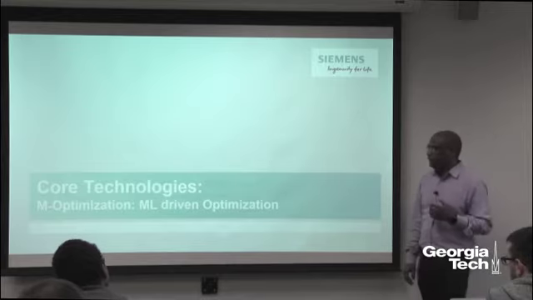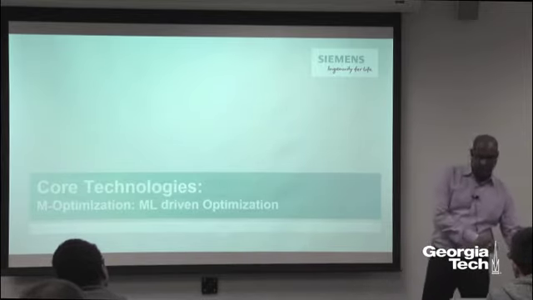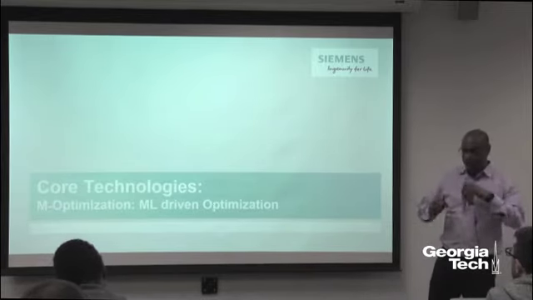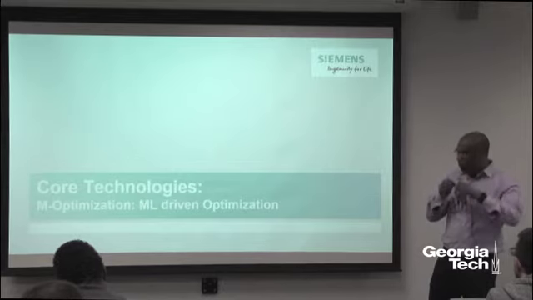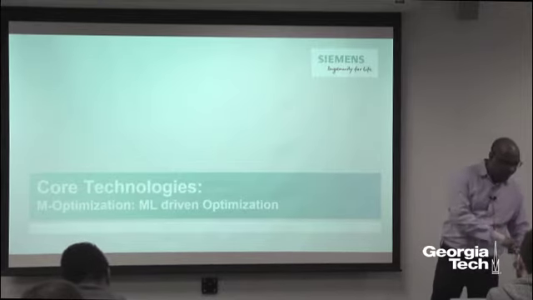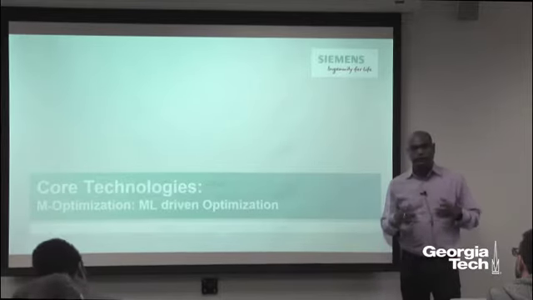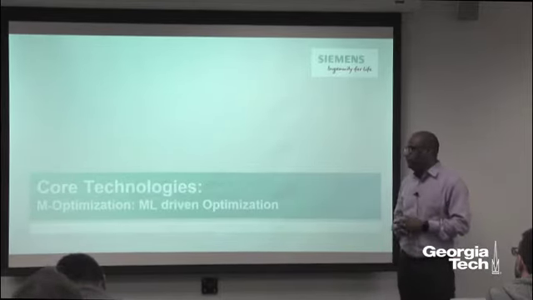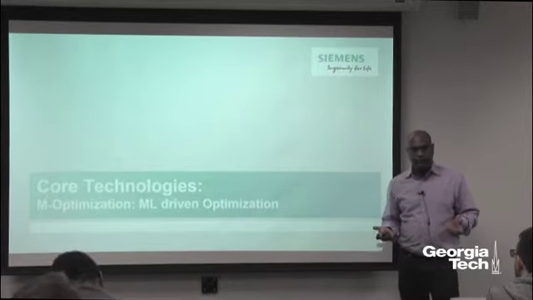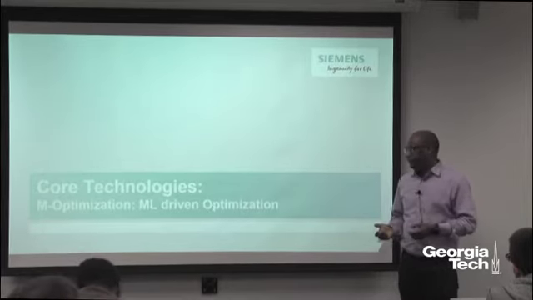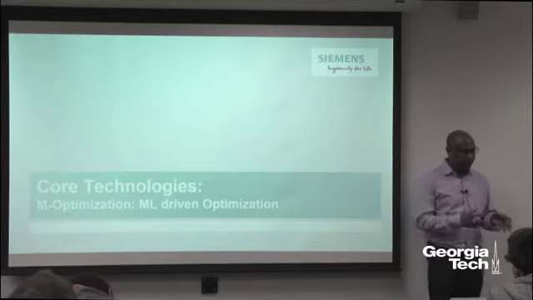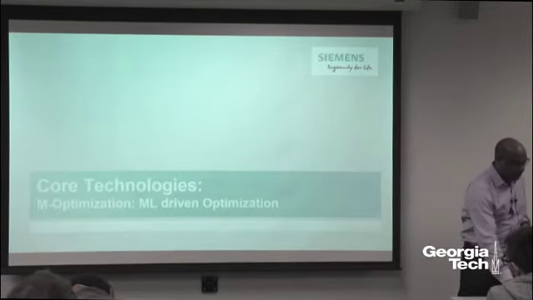Now this is how we put all these things together. So you have a forward model and an inverse model. But now you want to use them in a combined fashion to do an optimization, which is machine learning driven optimization, which is the key part of our design space exploration process.